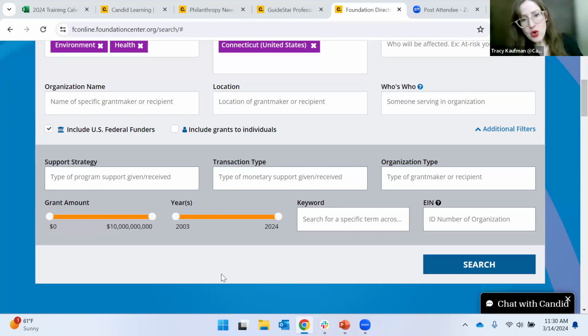My answer to that question is I wouldn't focus so much on connecting the two organizations in the database, but more about connecting the two organizations in your approach to the foundation. For instance, in your grant proposal, or in your letter of inquiry, or even just in a phone call or a meeting with the funder before you apply.